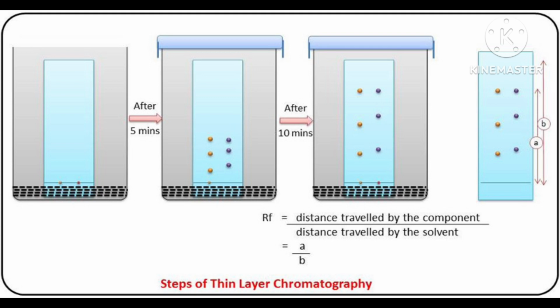From down to up, you can see the spots. The spots of the separated colorless compounds may be observed, as I already told you, under UV light or by the use of an appropriate spray reagent.